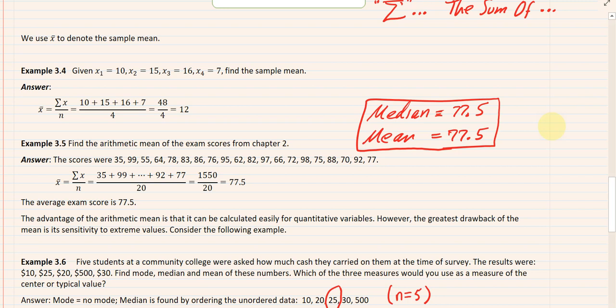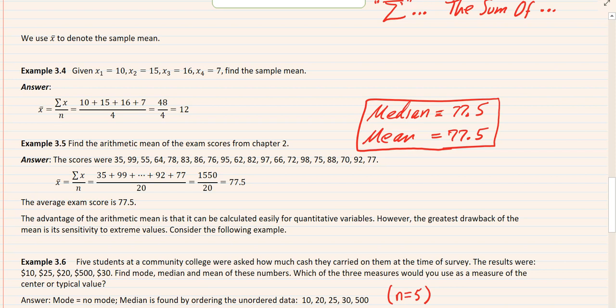Now, what about the mean? Remember, for the mean, I have to add them up and divide by the total. Well, look at that one student, the one that had $500 because he or she was going to make a sizable purchase somewhere. If you divide 500 by 5, because there are 5 students, that alone makes it $100 on average.